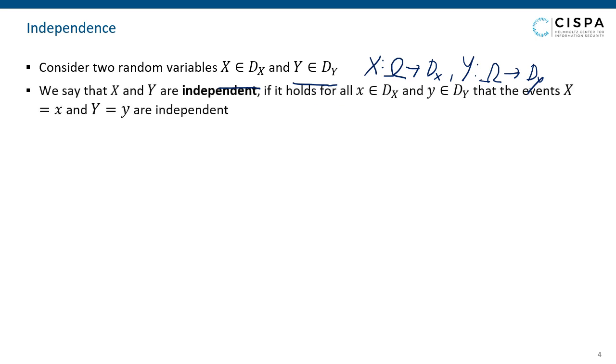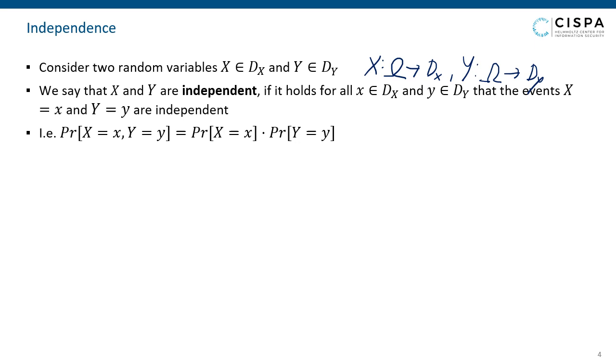So we say that two such random variables X and Y are independent if it holds for all lowercase x in D_X, so for all possible outcomes of X, and for all y in D_Y, for all outcomes of Y, that the events X equals x and Y equals y are independent.